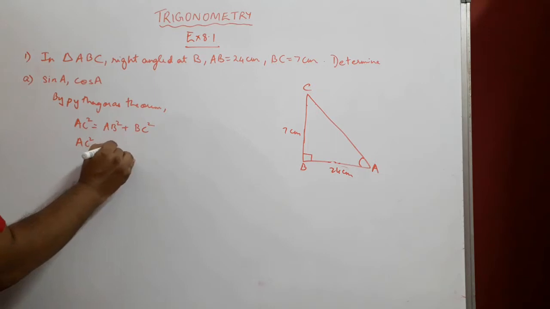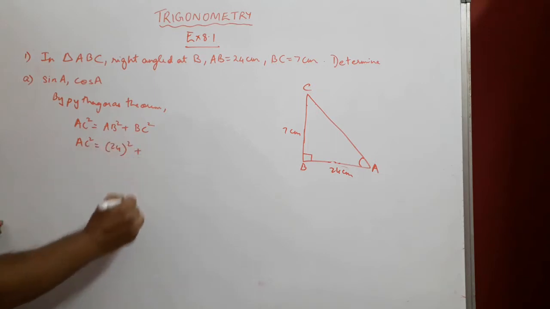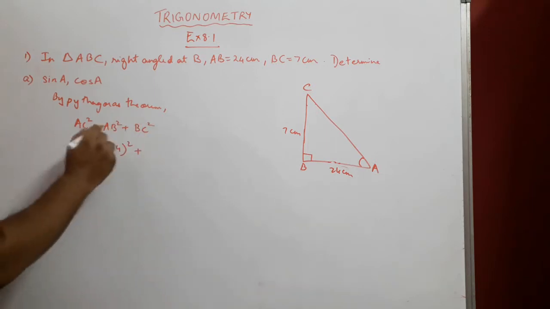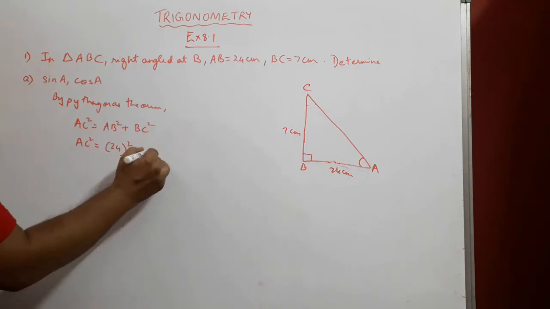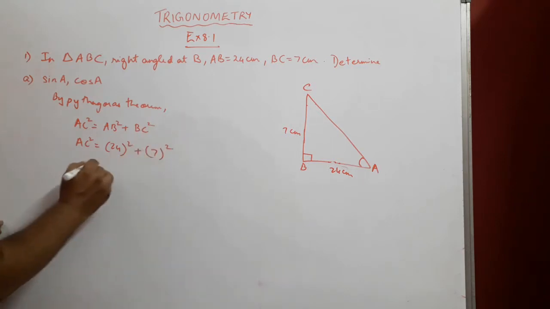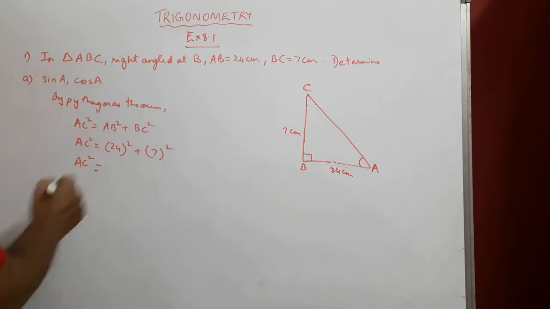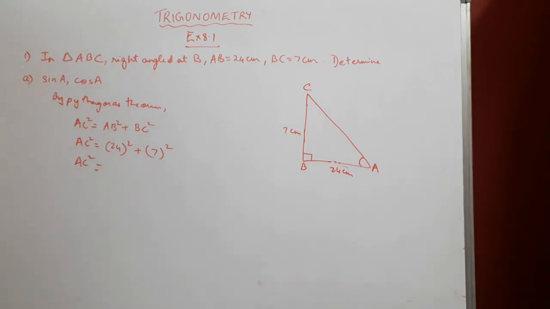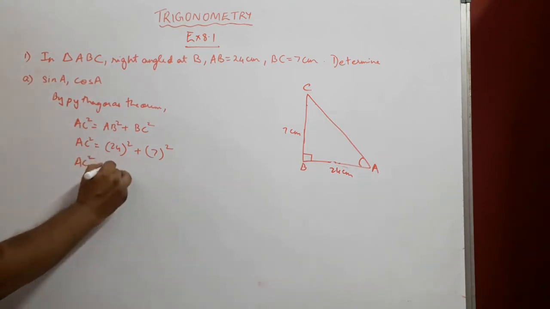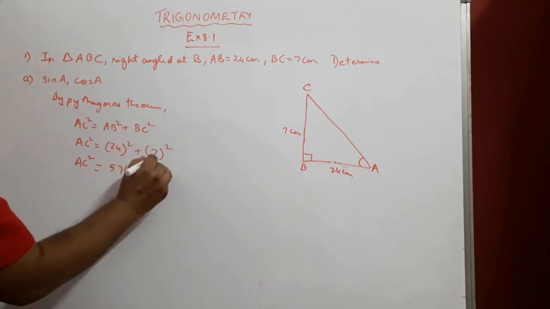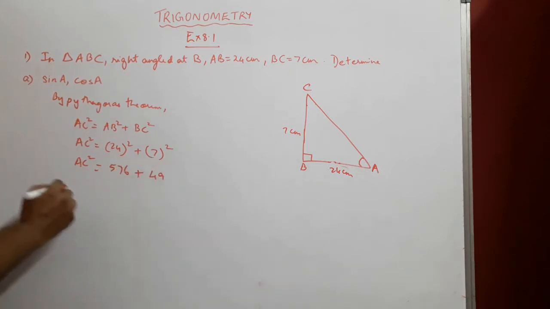AB is given as 24, that will be 24 square, and BC is given as 7, that will be 7 square. So AC square gives us 576 plus 7 square, which is 49.